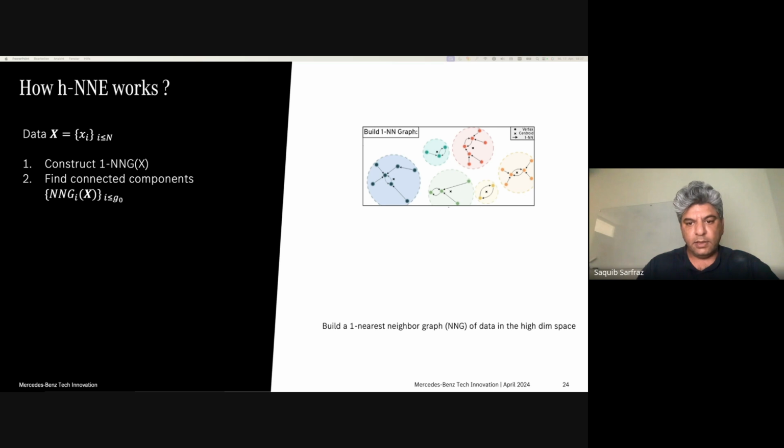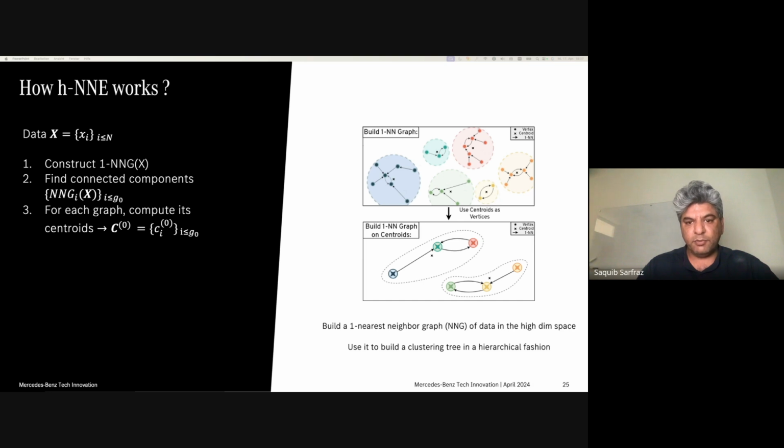The next step is to identify the connected components of the graph, which would form directed graphs with all edges pointing to a single root, and like you see here, a small set of nearest neighbor graphs.